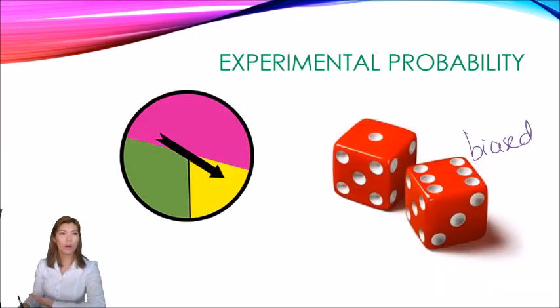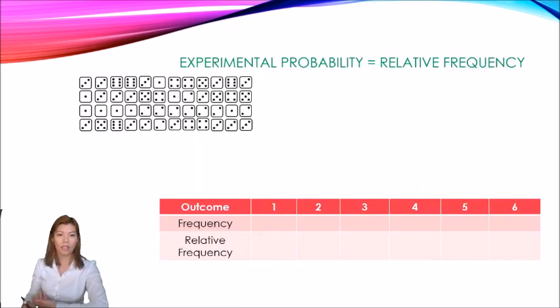When we don't know what the probability of an object is, let's say we have a biased dice and it's heavy on one side, then we can conduct some experiments to find out the experimental probability. And once we conduct the experiment, let's say we roll the dice many, many times. In this case, we've rolled it 48 times. Then we can figure out their relative frequency. So in this case, we can count them. 1, 2, 3, 4, 5, 6, 7, 8.